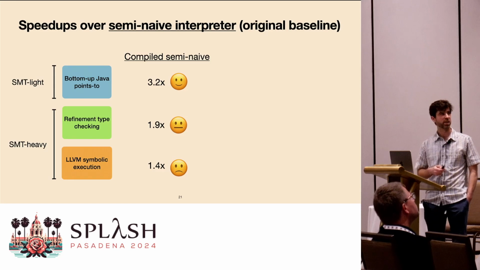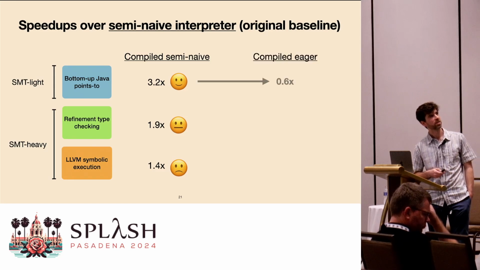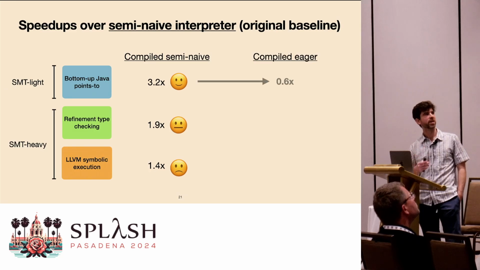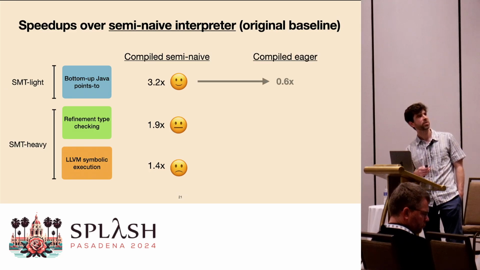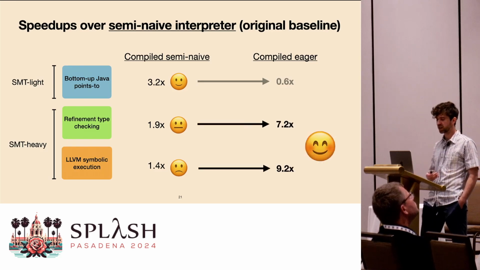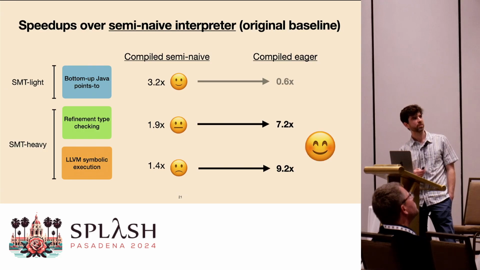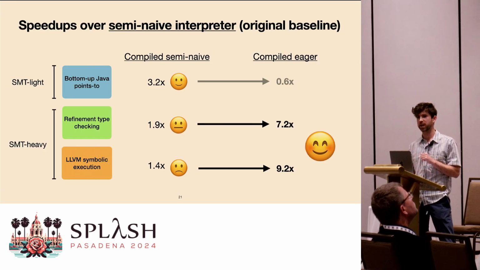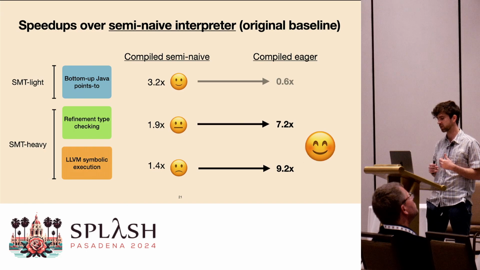What does this look like if we add eager evaluation to the mix? Well, it turns out for SMT-light analyses, this does not help you, it actually hurts you a little bit. But for these SMT-heavy ones, we get some substantial speedups, which really indicates that this evaluation algorithm we've developed, eager evaluation, is a good match for these SMT-heavy workloads.